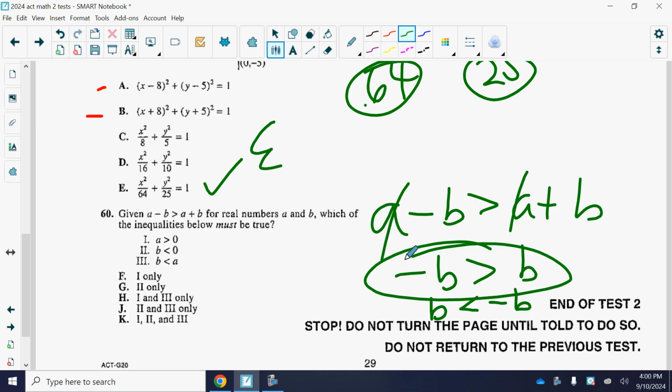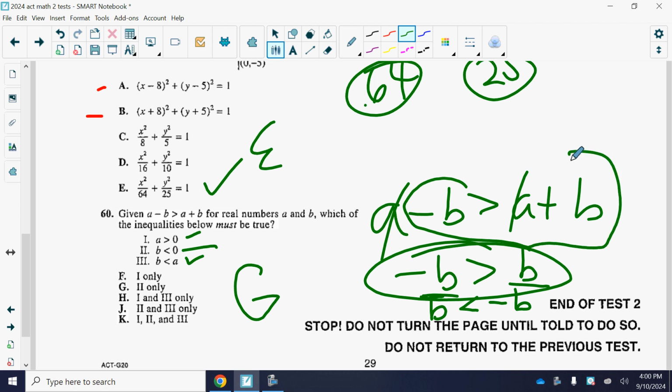A negative number is never greater than a positive number unless B is negative. So I can't really say what A is. A cancels, so it doesn't do anything. It's just the negative number, because this will only happen when B is a negative number.